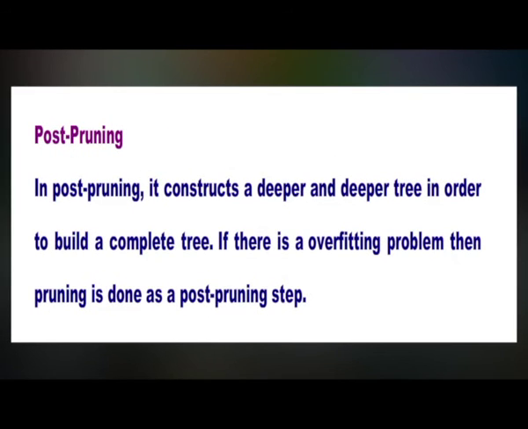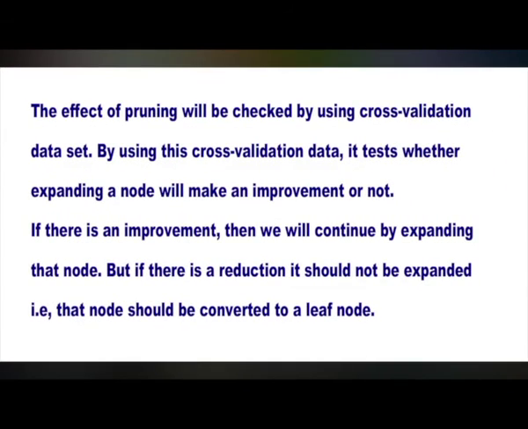Post-pruning. In post-pruning, it constructs a deeper and deeper tree in order to build a complete tree. If there is an overfitting problem, then pruning is done as a post-pruning step. The effect of pruning will be checked by using a cross-validation data set.